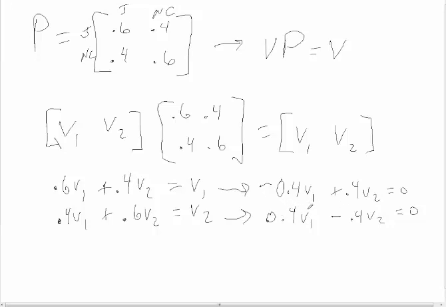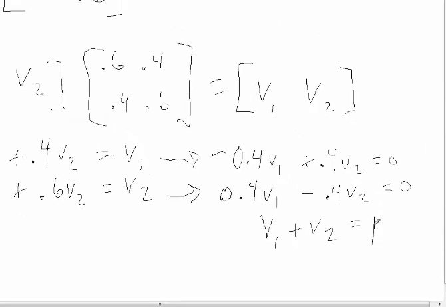So this is a dependent system, so we need another equation to solve a system of equations. Well, we know in this probability vector, V1 and V2 add up to equal 1. So for any probability vector, the sum of the elements will equal 1.